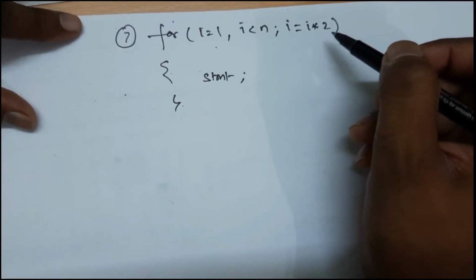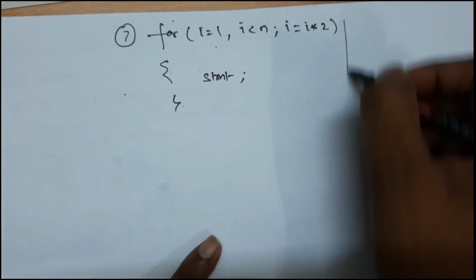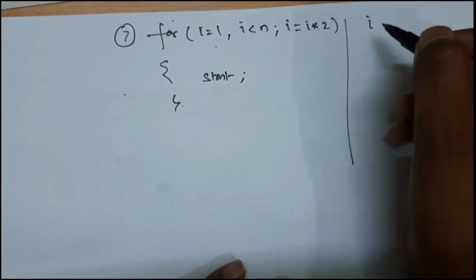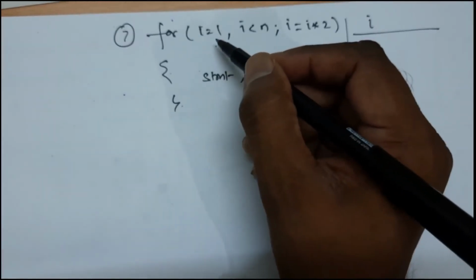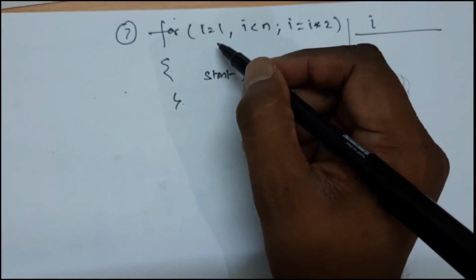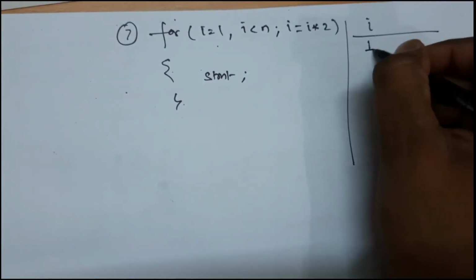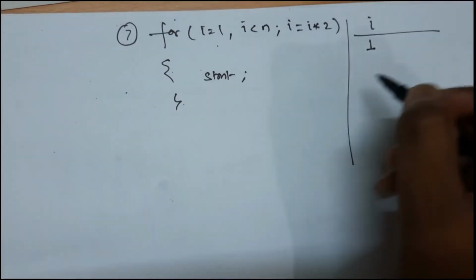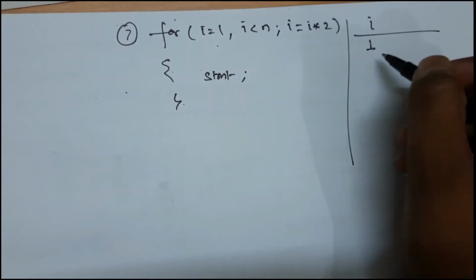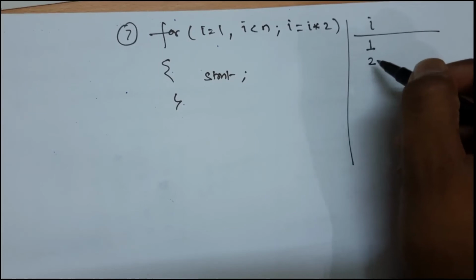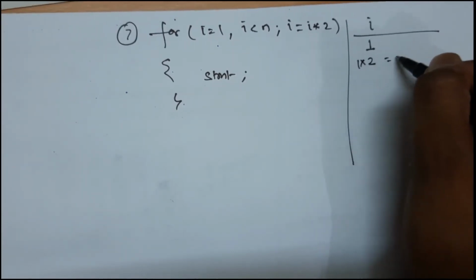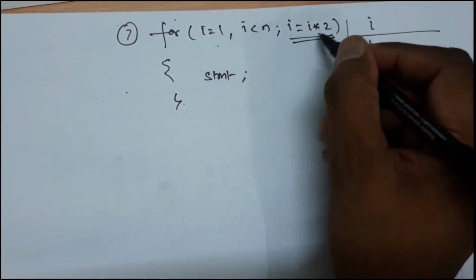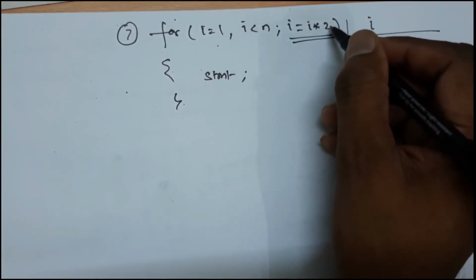Okay, so let us analyze the value of i. When the loop starts, the value of i would be 1. Second time, when the new value of i is updated, that will be 1 into 2, that is 2. Third time, you can see the previous value of i is getting multiplied by 2.